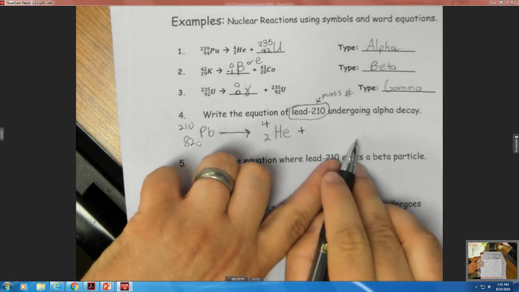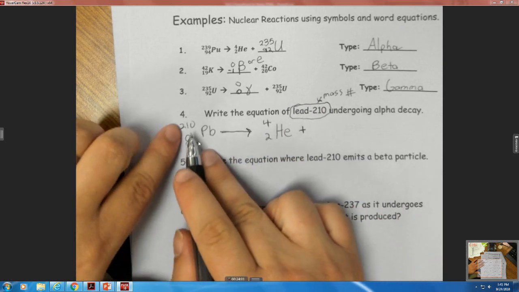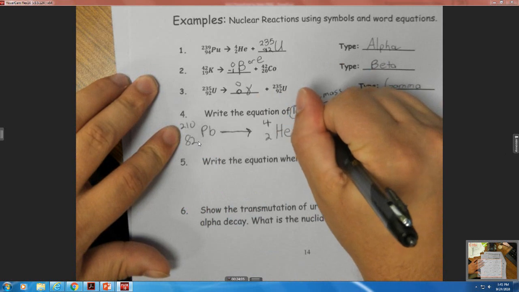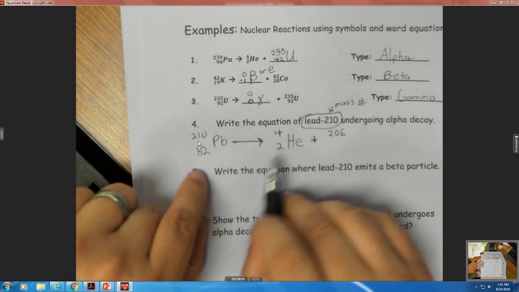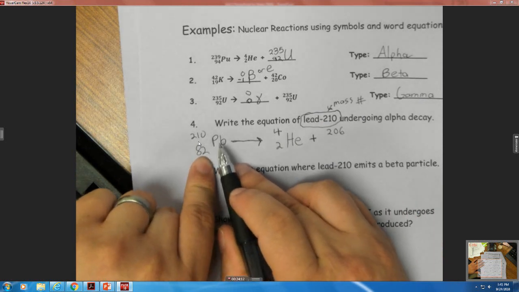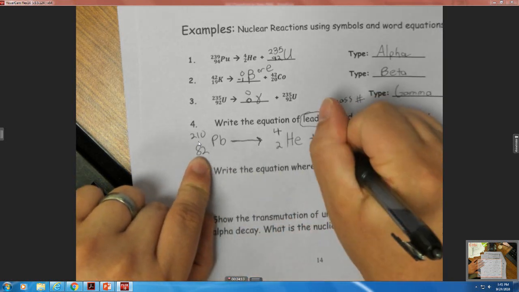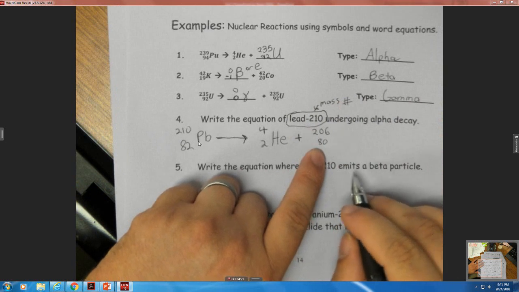What's going to be present after the helium nucleus leaves? So this is where I subtract 210 minus 4. What's that? 206 will be my new mass number. It's going to go down by 4. 82 is my atomic number. I had 82 protons in the lead nucleus. I'm losing 2. So I'm going to have 80 protons left in the nucleus.